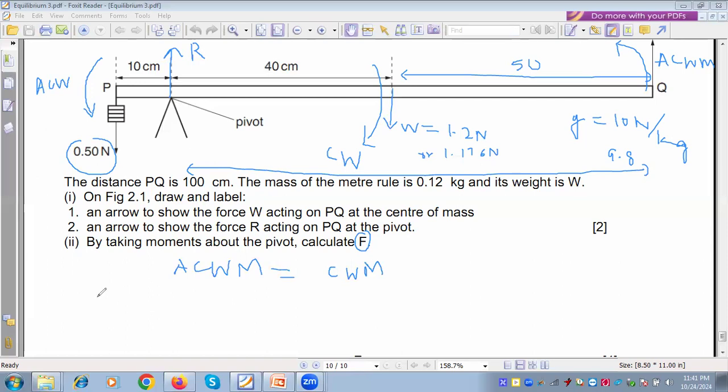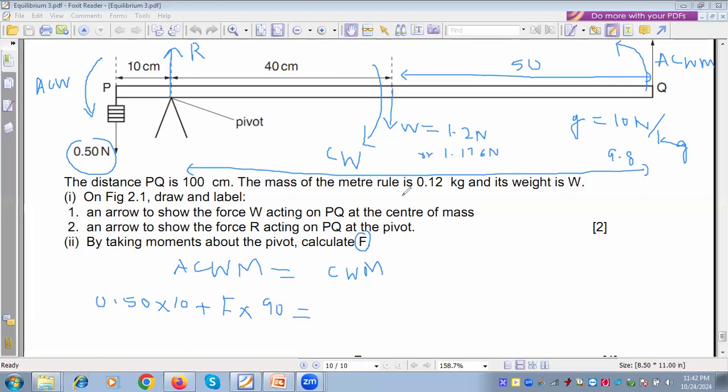So anti-clockwise moment: 0.5 times 10. I'm not changing centimeter into meter because all distances are in centimeter. Plus the moment of F is also added to it: F times 90 centimeter. The distance of F is 90, equal to the clockwise moment.